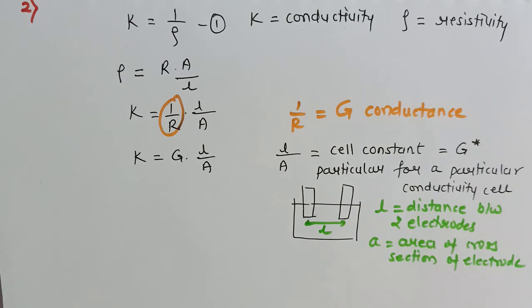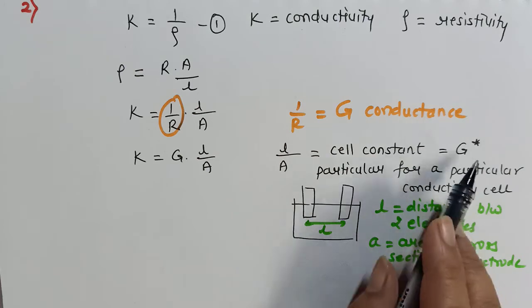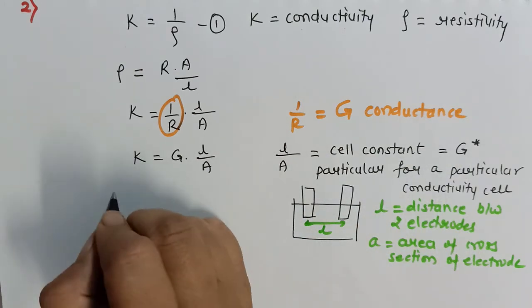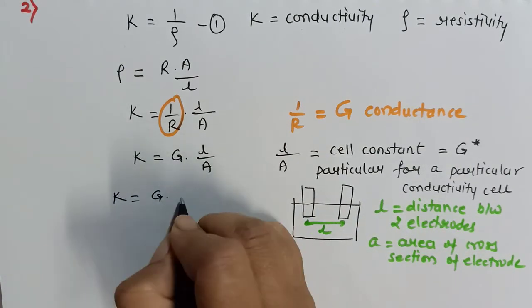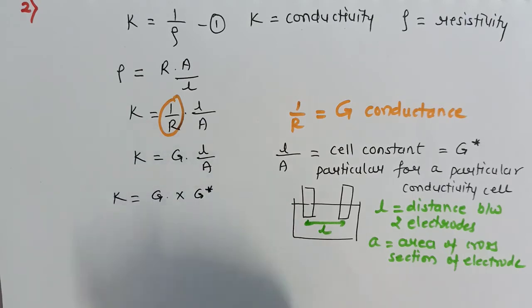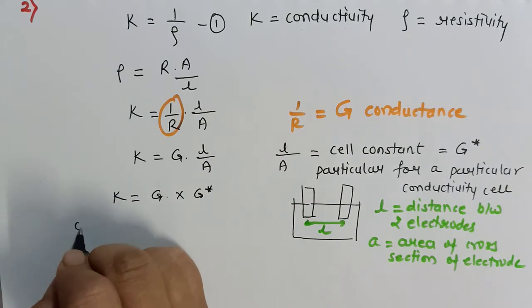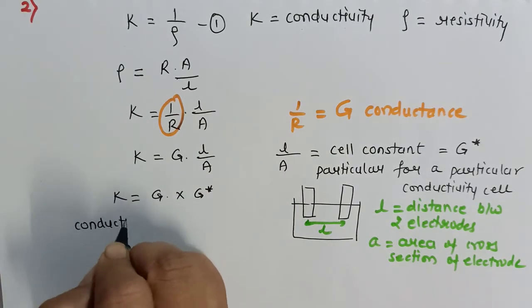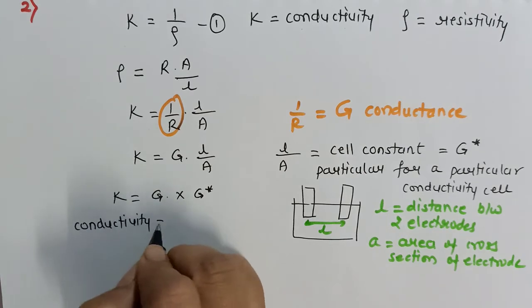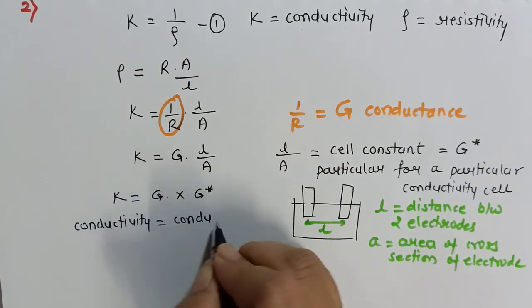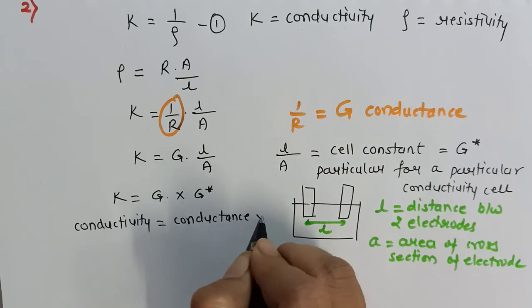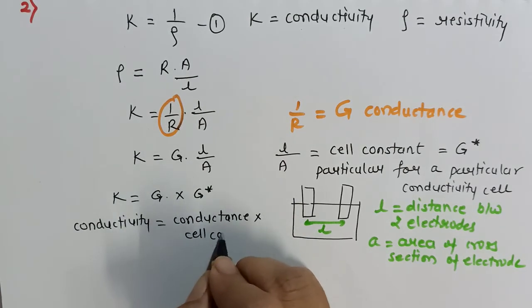So here we are defining it in a different way. Remember, the cell constant will be specific for a specific cell. As the cell changes, the cell constant will also change. Now substituting in this, we get K equals G into G star. Or I can say conductivity equals conductance into cell constant.